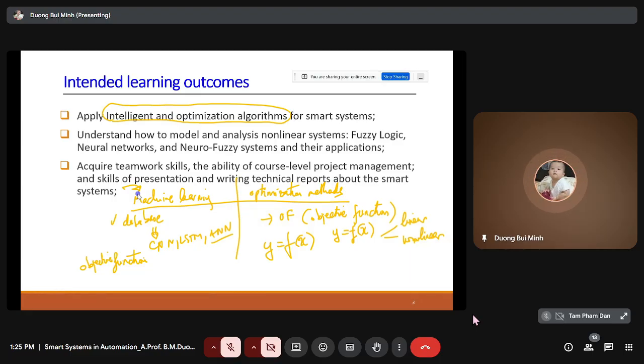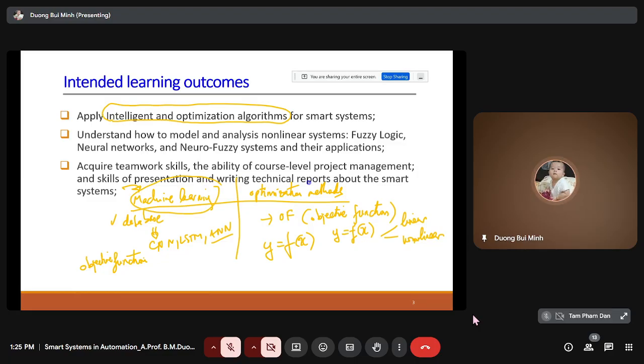What is the love function? Is it a function of money, of age, of knowledge, academics, and so on? No, we cannot develop the love function. So if you cannot develop the objective function, you just predict, you just forecast whether she loves him or not. That means we should use machine learning.